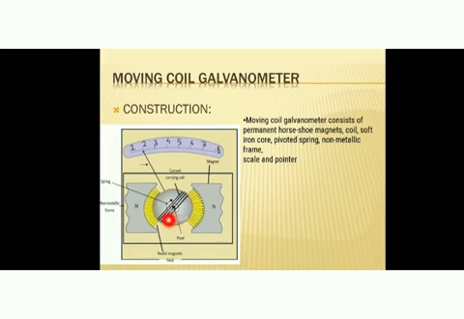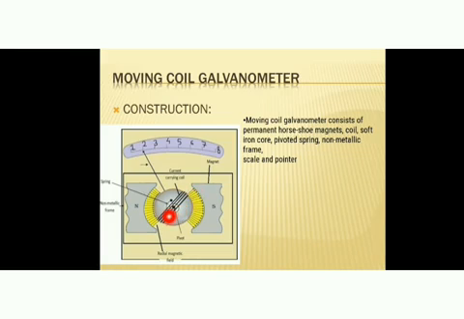Okay. Then, inside that coil, a soft iron core is there. The coil is wound over a soft iron core. And what is the importance of the soft iron core? This soft iron core increases the strength of the magnetic field produced.